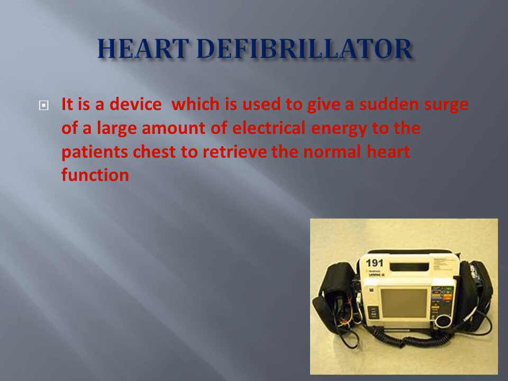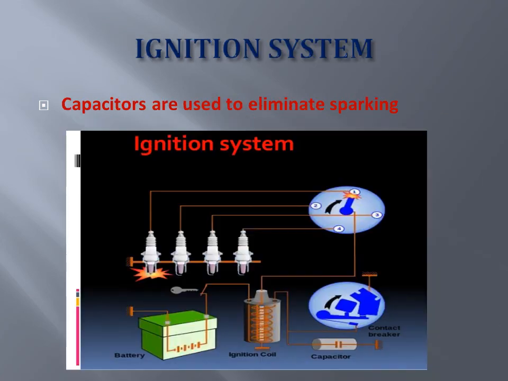So this is almost a device which is used for that purpose. It is a device which is used to give a sudden surge of a large amount of electrical energy to the patient's chest to retrieve the normal heart function. This also uses a capacitor. Now, the defibrillator uses a capacitor of around 175 microfarads, which is charged to a high voltage of around 2000 volts.